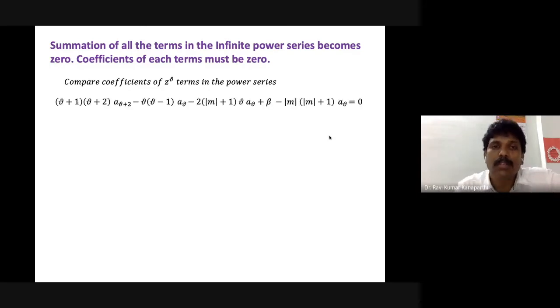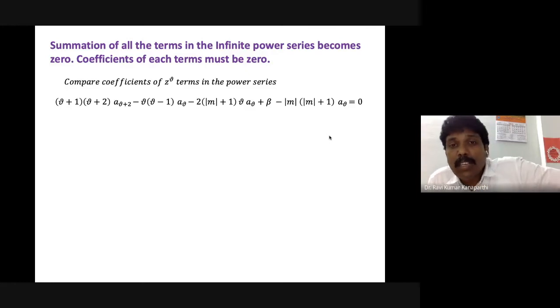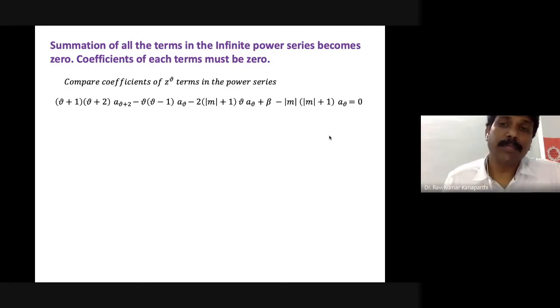So when you compare the coefficients of the general term, it becomes nu plus 1 multiplied by nu plus 2, a nu plus 2 minus nu multiplied by nu minus 1, a nu minus 2 of modulus of m plus 1 multiplied by nu plus nu multiplied by a nu plus beta, and so on, right?